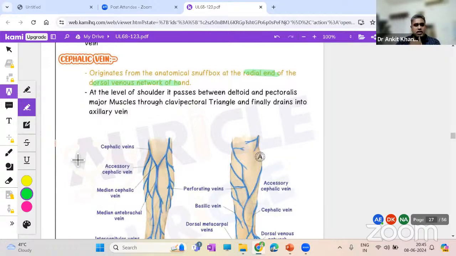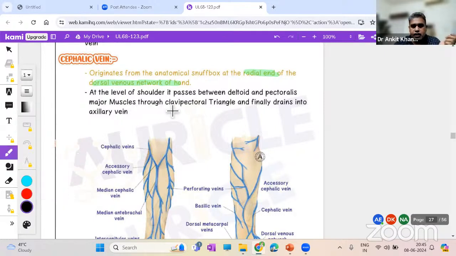So this cephalic vein does not drain anywhere in the arm or forearm. It drains directly in the axilla, after piercing which fascia? Let me write its name over here. It pierces the clavipectoral fascia. Do remember these points.